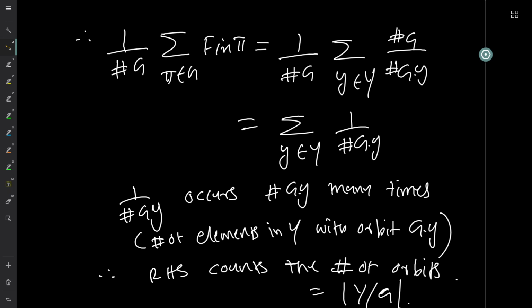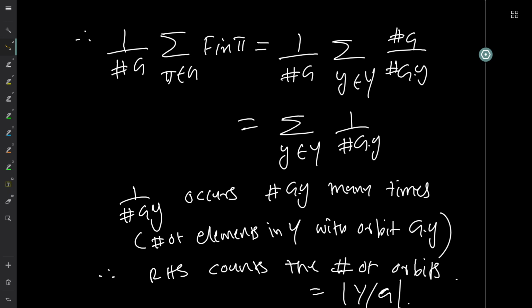So therefore, you will see that exactly the number of elements in the orbit, that many times the term 1 by cardinality of G y occurs. Which means that the contribution of each orbit will be exactly 1, right? Because each orbit has exactly that many elements, and that many times this term 1 by order of G y comes.